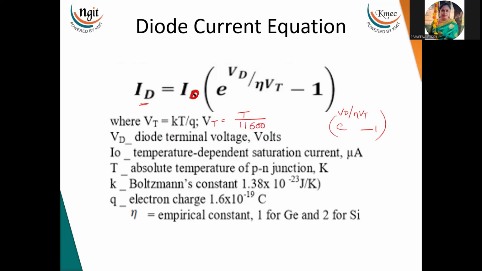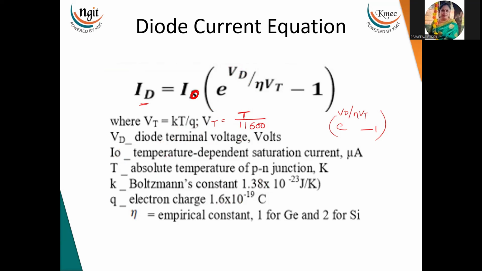Now here the K value, Boltzmann constant, and Q value, electron charge, after substituting, we get this value. So Vt is the thermal voltage. Now temperature T is in the order of Kelvin. And VD is the diode terminal voltage in volts. Nothing but across the diode, how much voltage is available, that voltage.